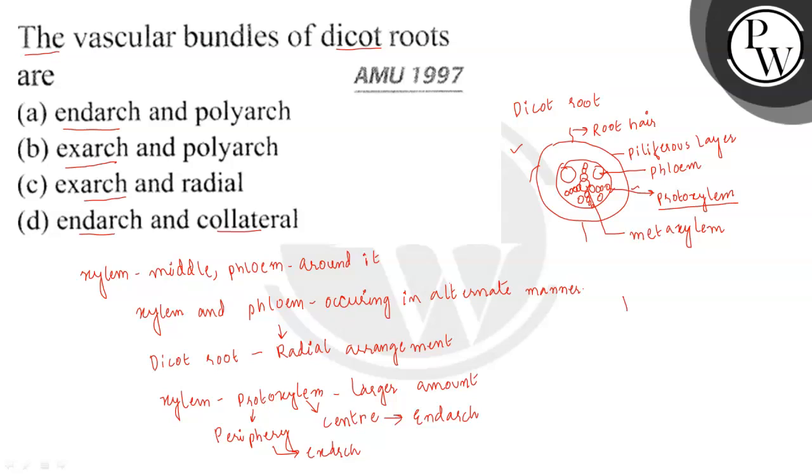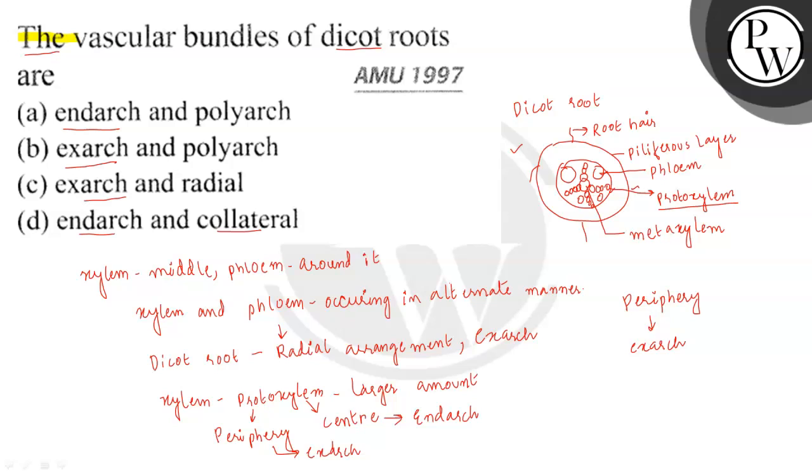So we can say in case of dicot root, since the protoxylem is present on the periphery, it is a exarch type of xylem. So in case of dicot roots, we can say we see radial arrangement and we see exarch.